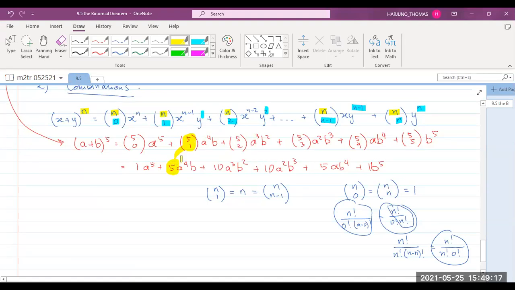Second from the front is the same as second from the last coefficient. In other words, as long as the r, the number at the bottom, adds up to n, which is the number on the top, then they must be equal. So the third term from the front is the same as the third term from the back.